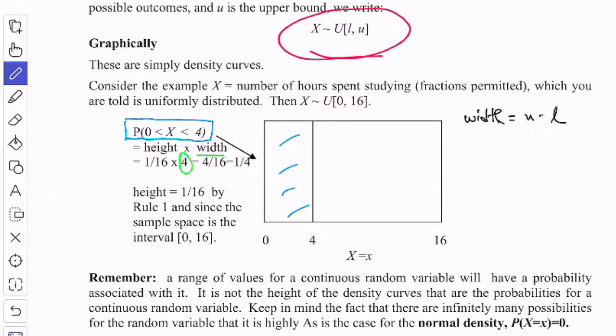How did they get that? How did they get the height of 1/16? Does anybody know? Can anybody tell me?